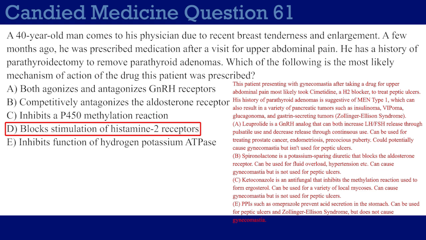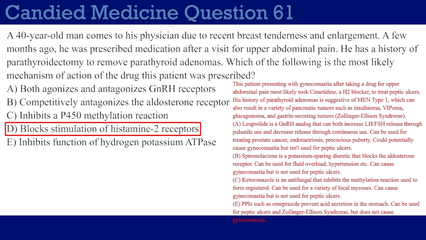Sometimes they might ask you that a patient is already on a loop diuretic, and then they ask you what other diuretic can we add to this patient. And because we already know they're taking a diuretic that might cause a drop in potassium, we need to give them a potassium sparing diuretic, such as spironolactone.